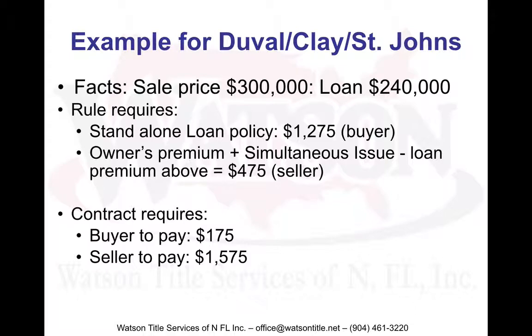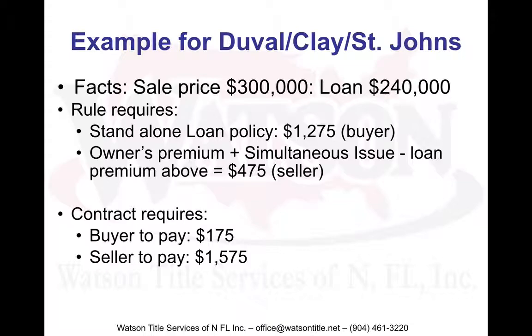In this case, a standalone policy for $240,000 would cost $1,275 for a buyer, but if issued simultaneously with an owner's policy, it would only cost $175. Due to the CFPB rule, the buyer's figure appears $1,100 more expensive than it actually is.